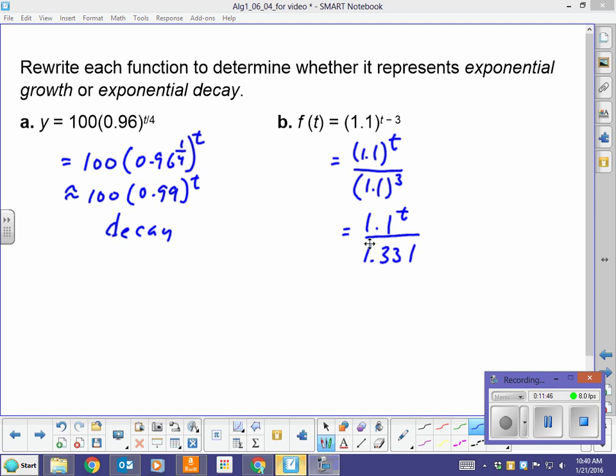And I want to move this out of here, so I'm going to think of the inverse of 1.331. So I'll think of it like this to make it just a little easier to think about in the calculator.